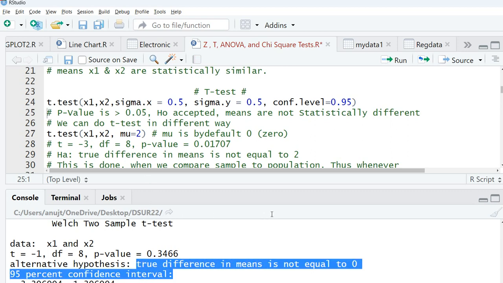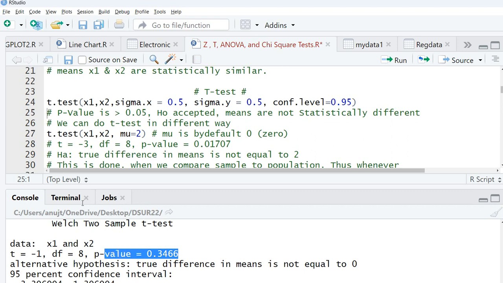True difference in means is not equal to 0, meaning the alternative hypothesis says they are not from the same group. But if we check the p-value, it is rejecting our alternative hypothesis, meaning our null hypothesis is true. Okay, so we can apply the t-test in various ways.